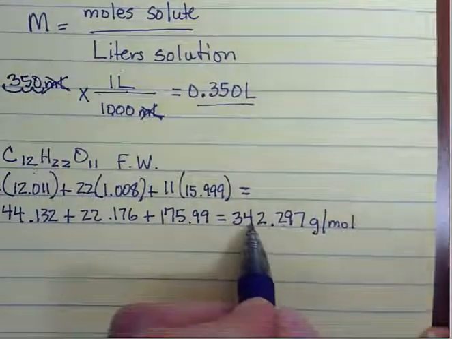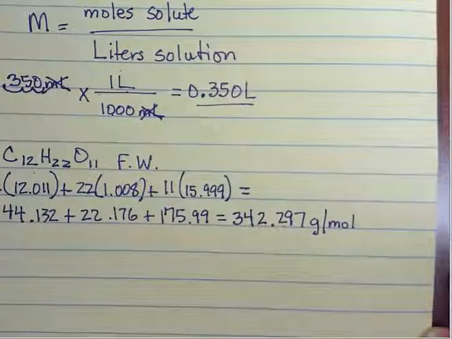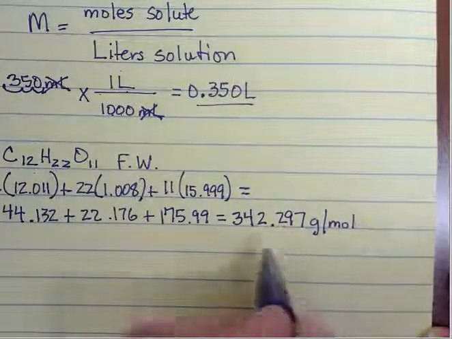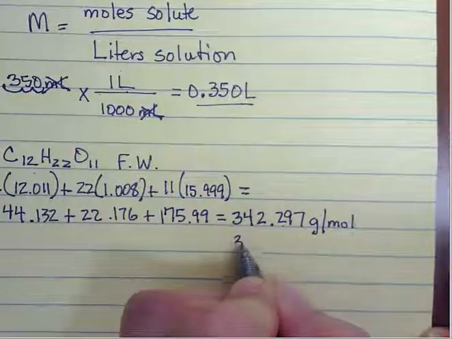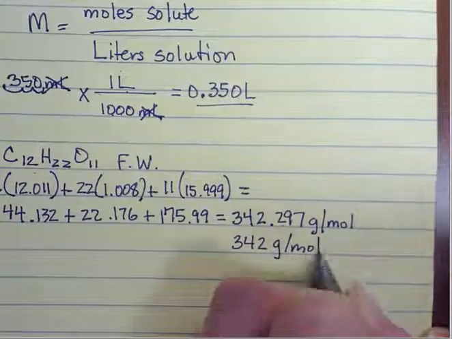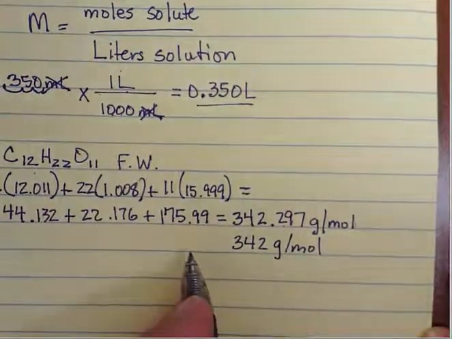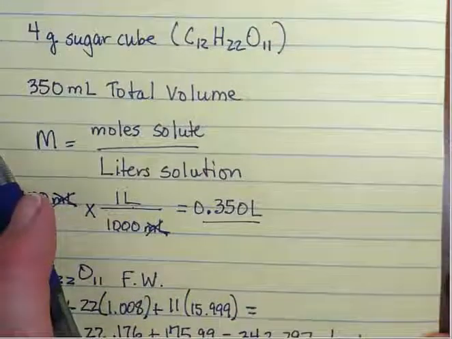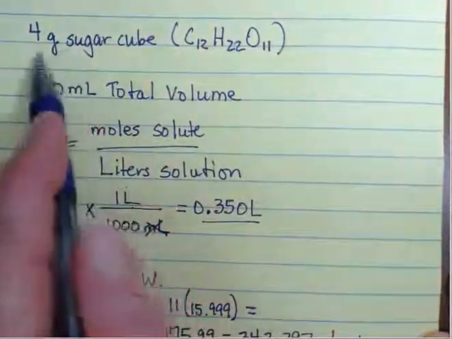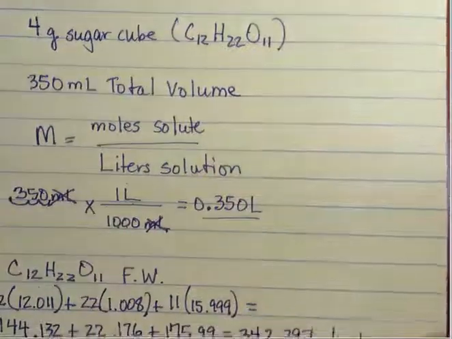So we can round this because our total volume is going to be 3 significant figures in this case. So we can just round this to 342 grams per mole, and we can use that in our equation. So we need to convert our amount of sugar in our sugar cube, which again was 4 grams, into the moles that we have of the sugar.